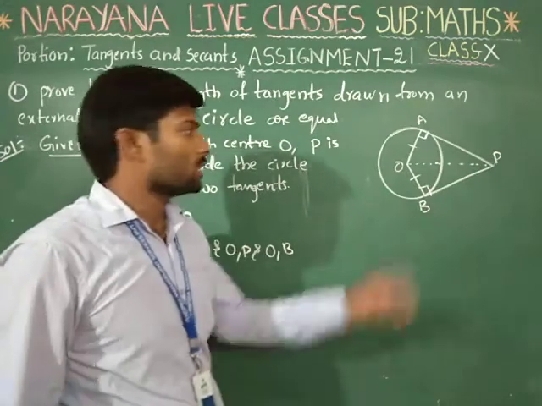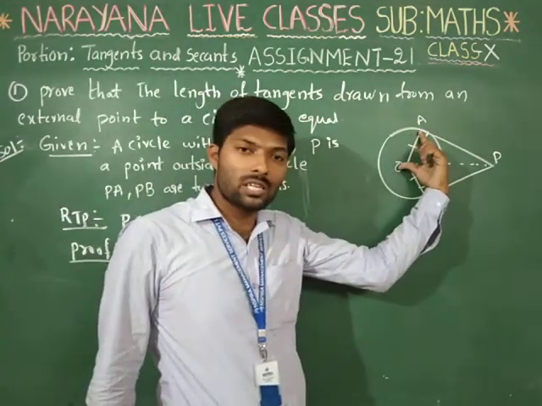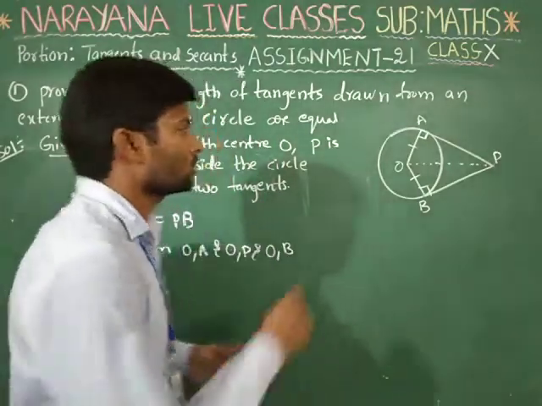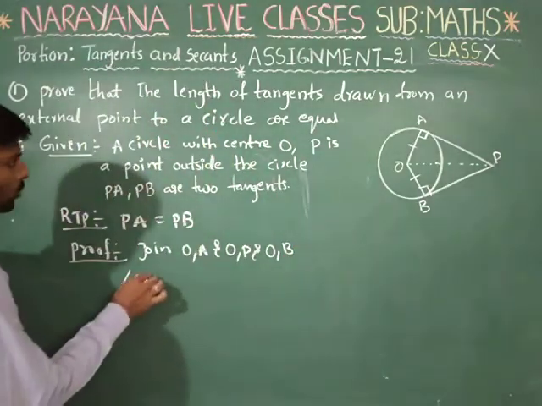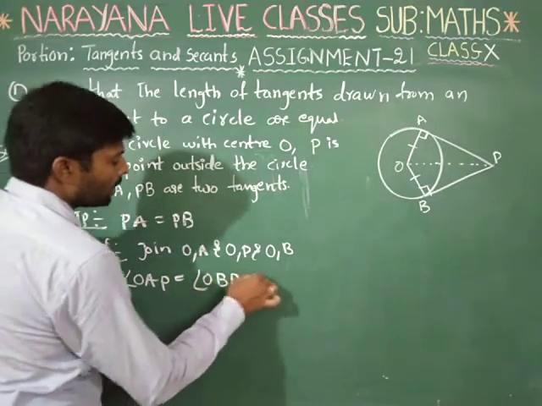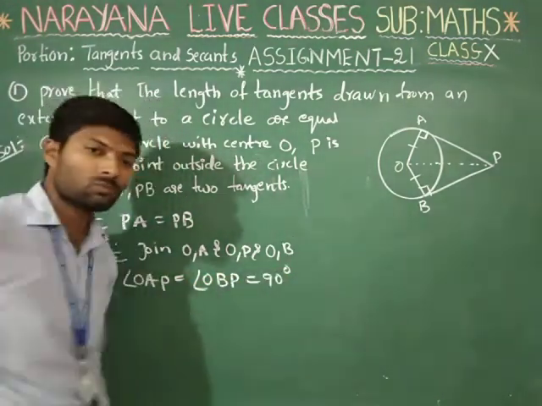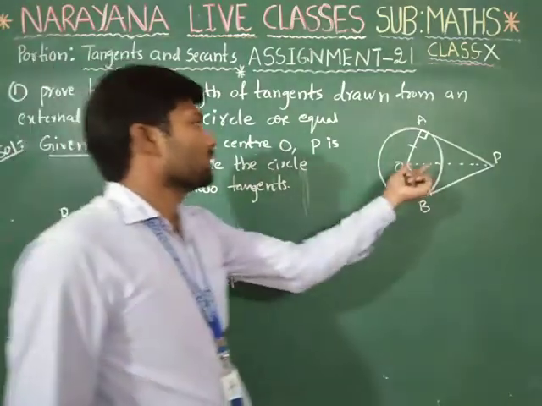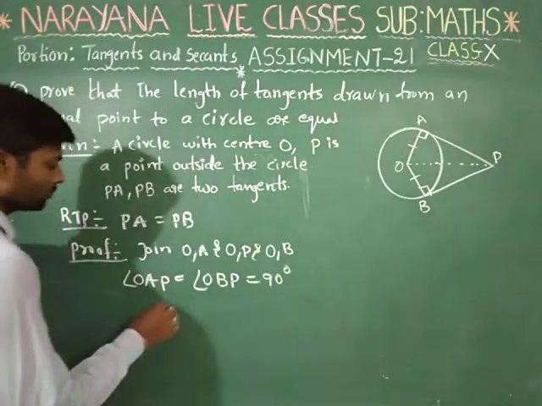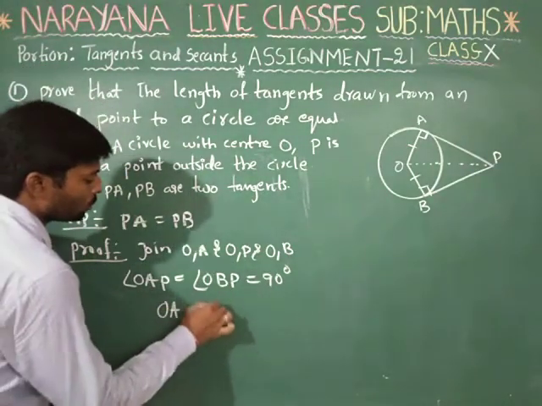We know the statement, the angle between the radius of a circle and the tangent is always 90 degrees. So angle OAP is equal to angle OBP, which is equal to 90 degrees. And OA as well as OB are both radii of the circle, so we can equate them. That is OA is equal to OB.